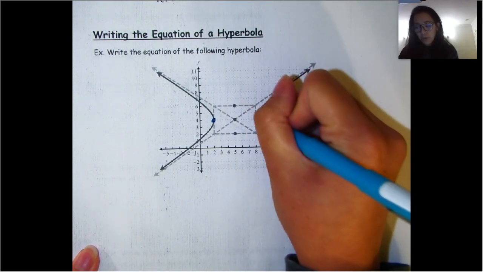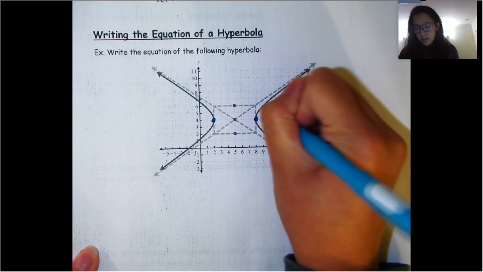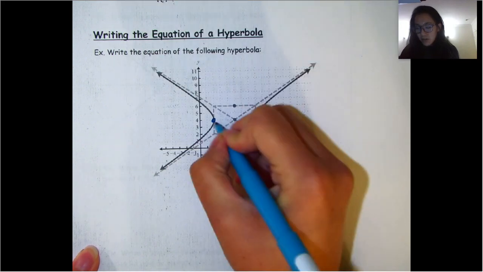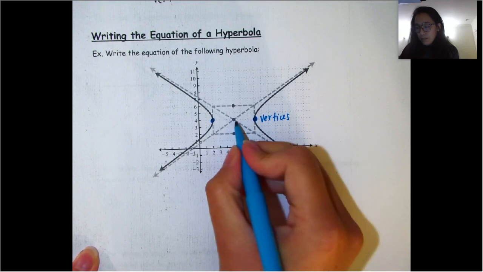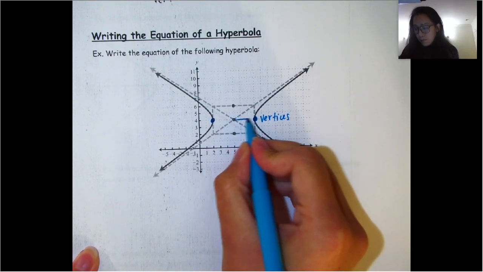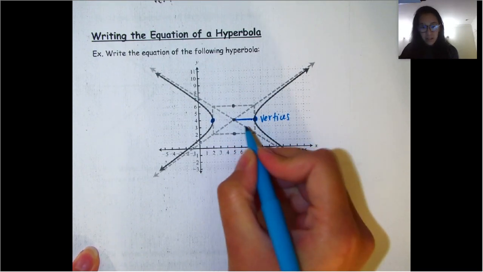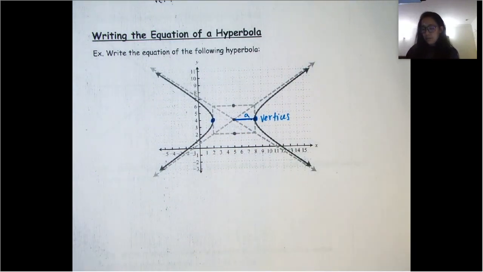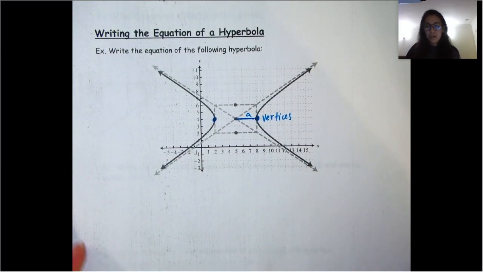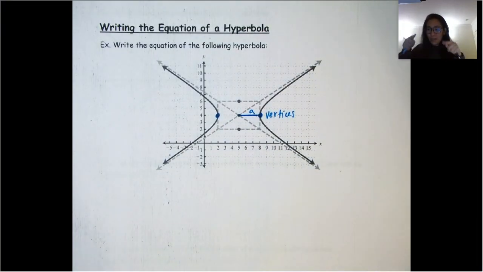The plural form of vertex is vertices. If these are your vertices, then their distance from the center, and since this is horizontal, is going to be a. You should probably have recognized that this is a horizontal hyperbola because it's opening sideways.